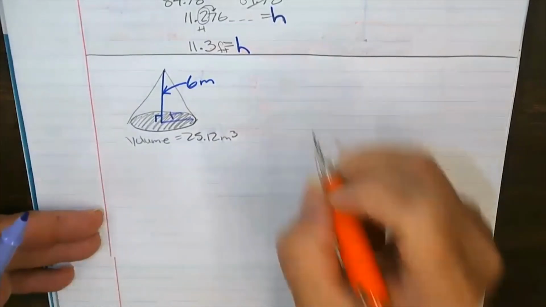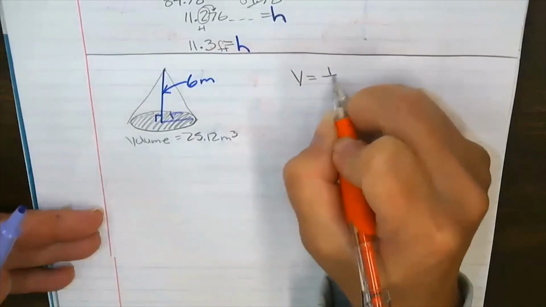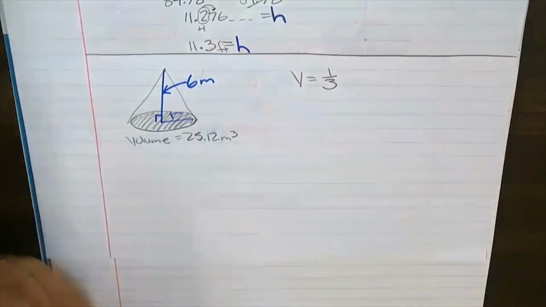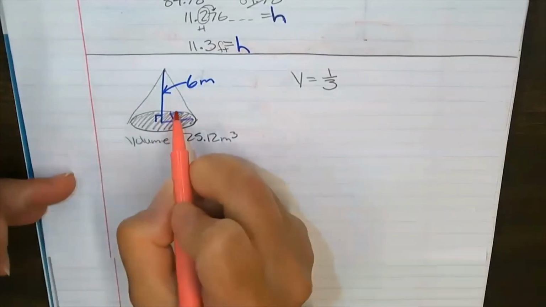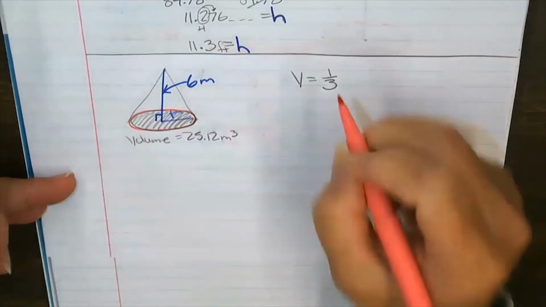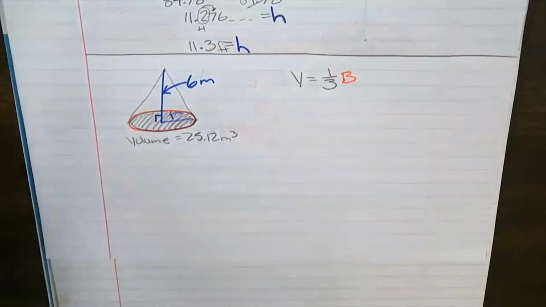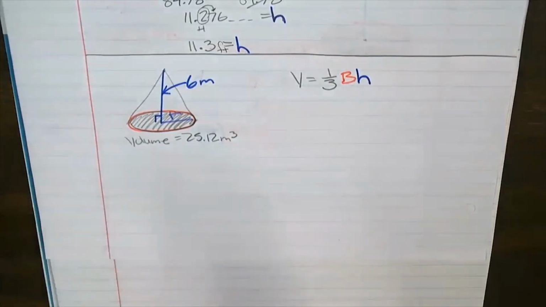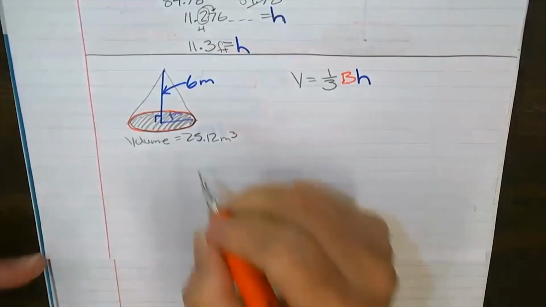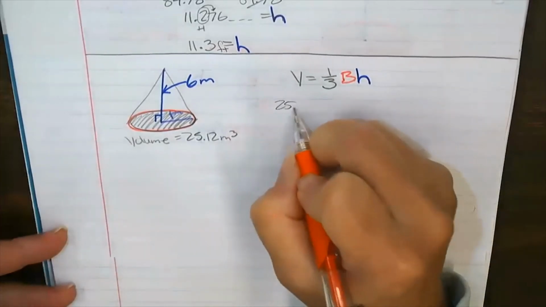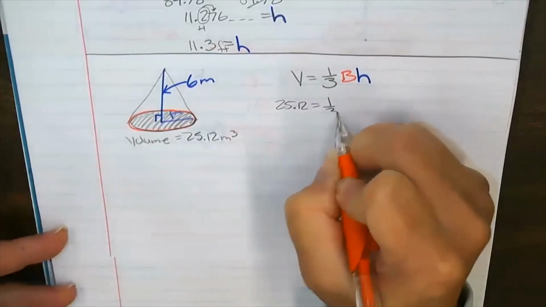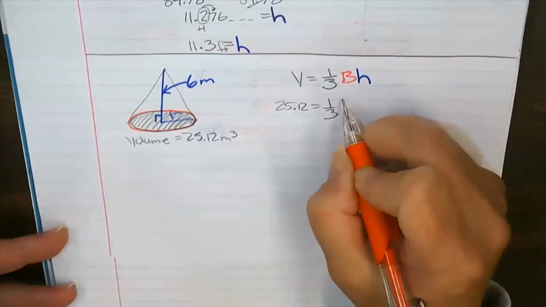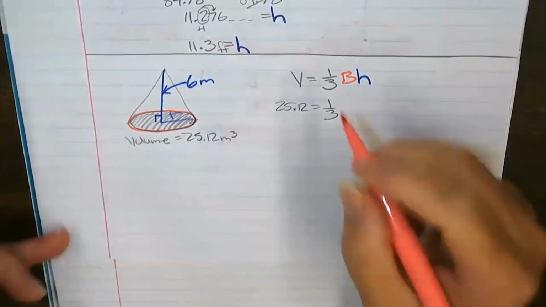So in this case, I know that volume is equal to 1/3 the base times the height. So let's substitute in the pieces that we have. Volume is 25.12, 1/3. Now, this is the base.